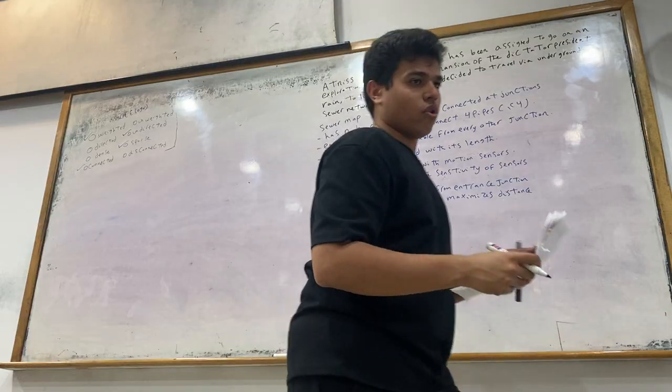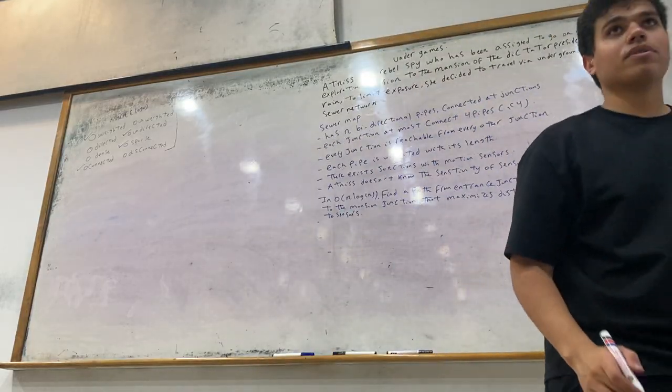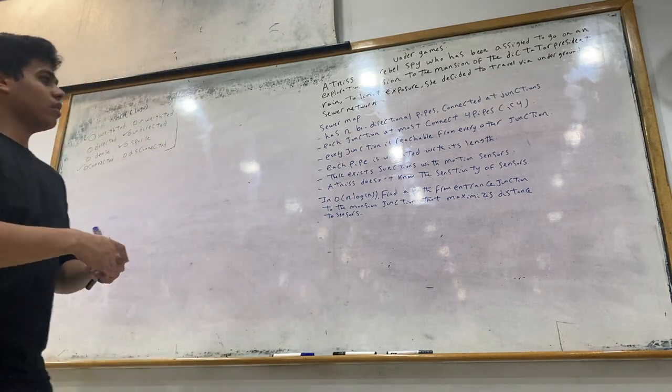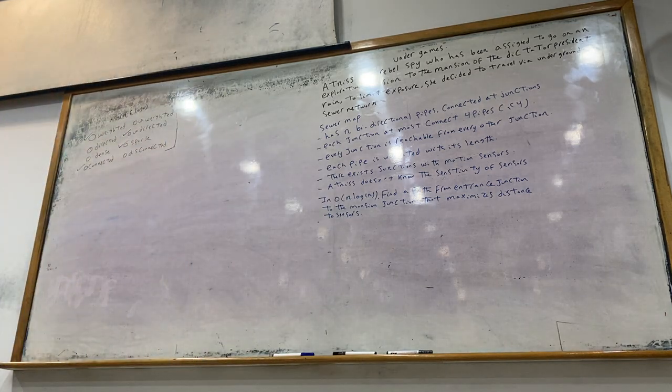Okay. The problem is telling you that each pipe is weighted with its length, so it's weighted.